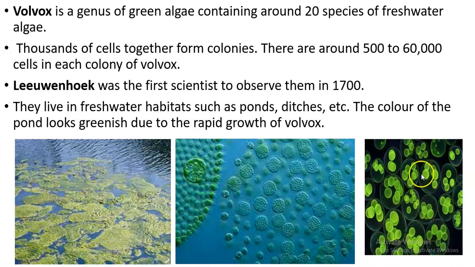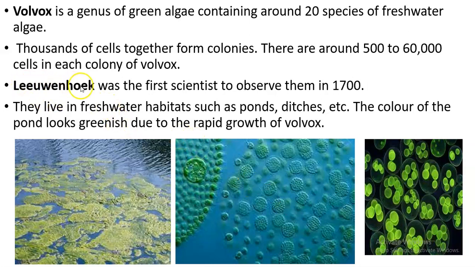Once the outside colony bursts, the daughter colony will be released. This is the realistic natural ecosystem, like a pond area, where you can see clusters of Volvox colonies, representing an algal bloom of Volvox.